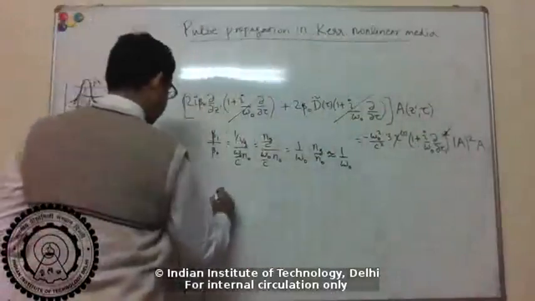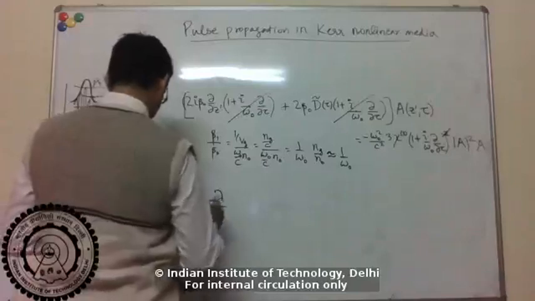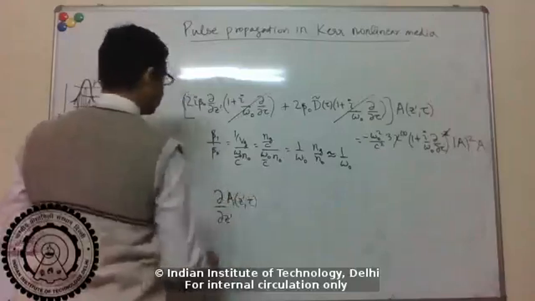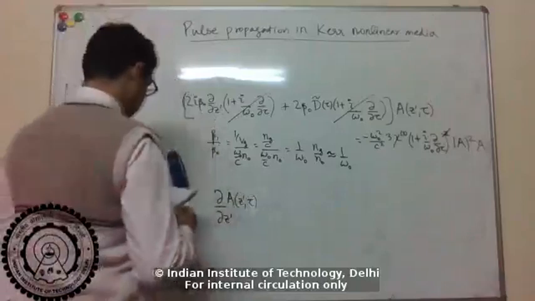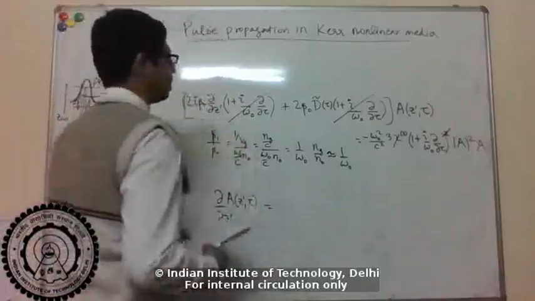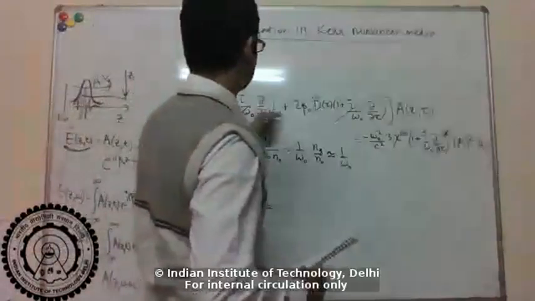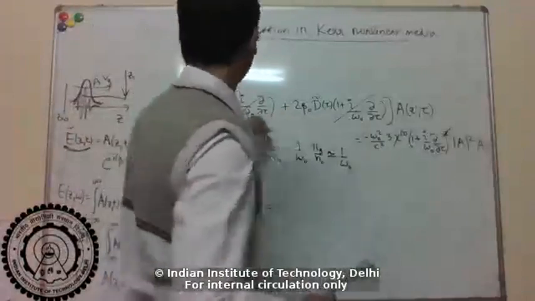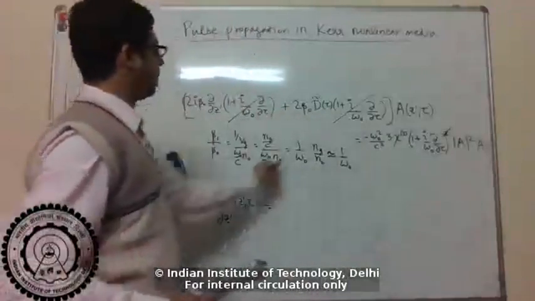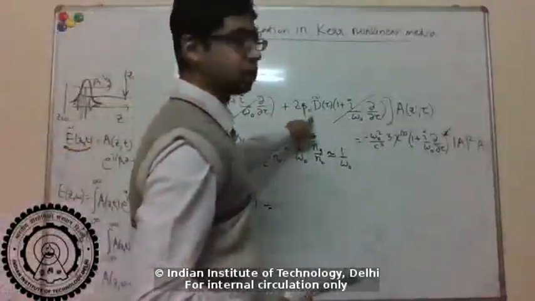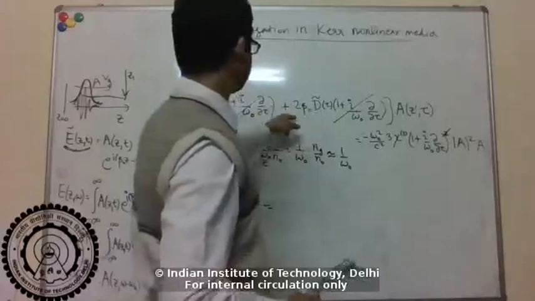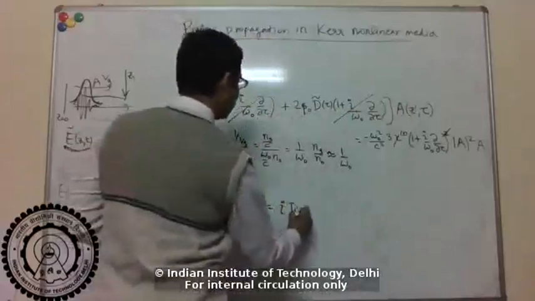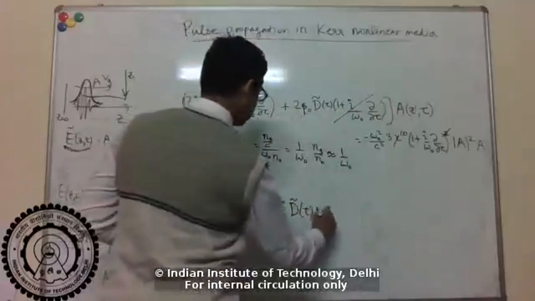Okay, so I write this equation as del by del z prime of A, first term, so I divide the equation by 2I beta naught. Okay, so this goes away, that's why I get del by del z, right? Here I'll be left with an I. Okay, specifically a minus I, and then I take this to the other side and write it as I times D operator acting on A.